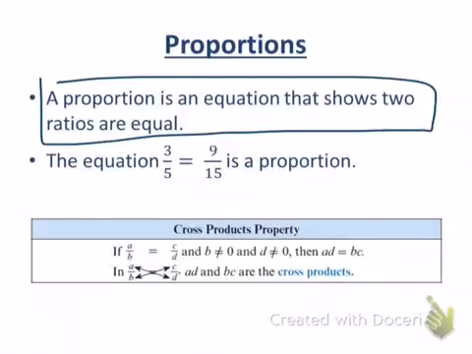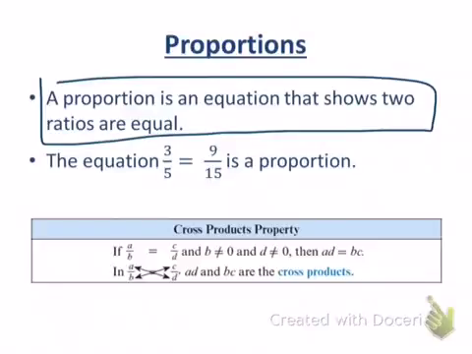If we have 2 fractions equal to each other, that's a proportion. Is 3/5 equal to 9/15 in this example? So 2 equal fractions form a proportion. 3/5 is 9/15. They're the same values.